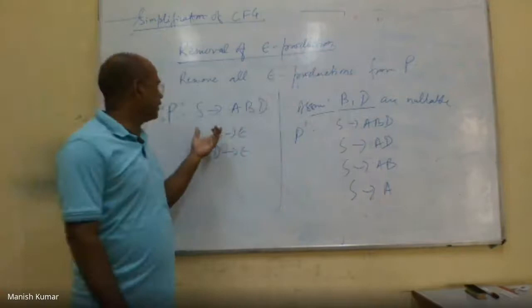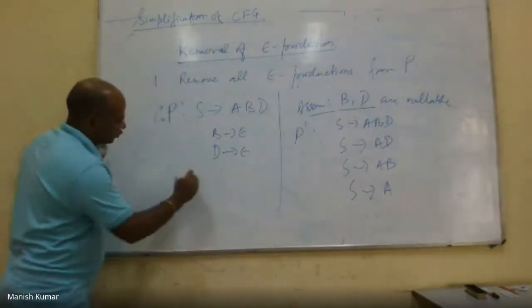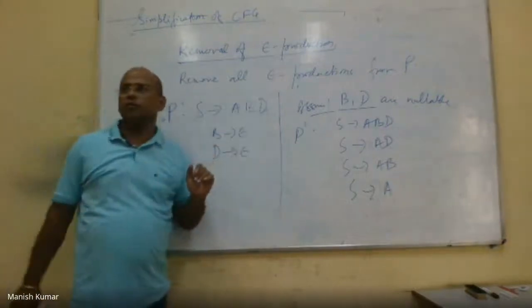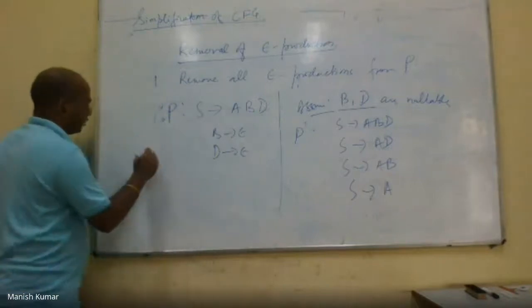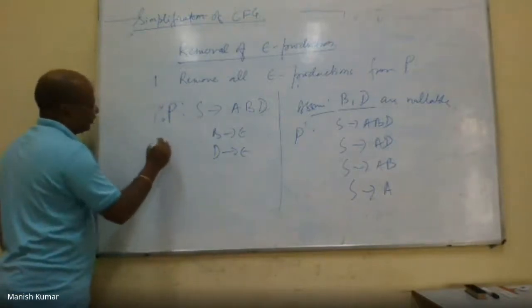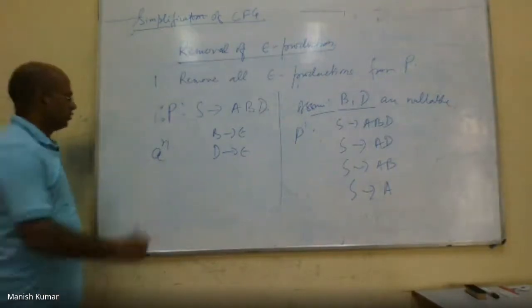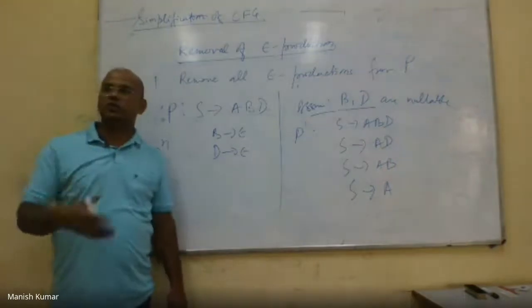Suppose you want to terminate somewhere, where you look for this B to be replaced by epsilon. Like suppose generating a to the power n, you are repeatedly generating such symbols.